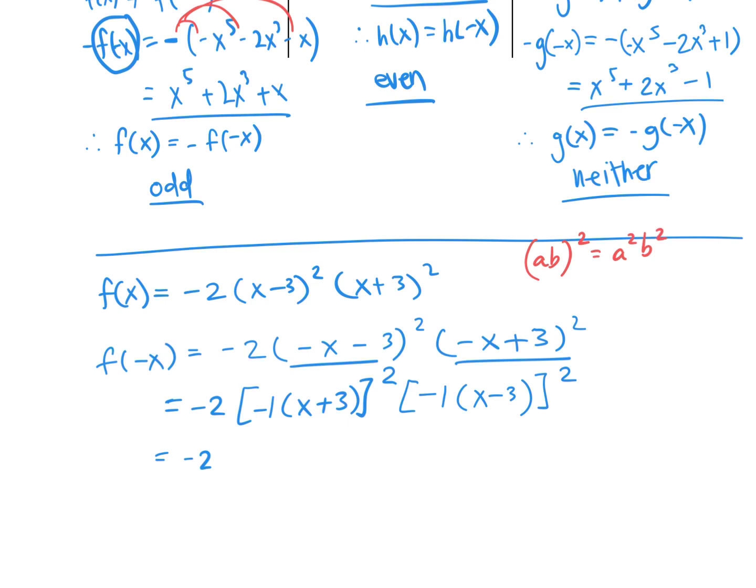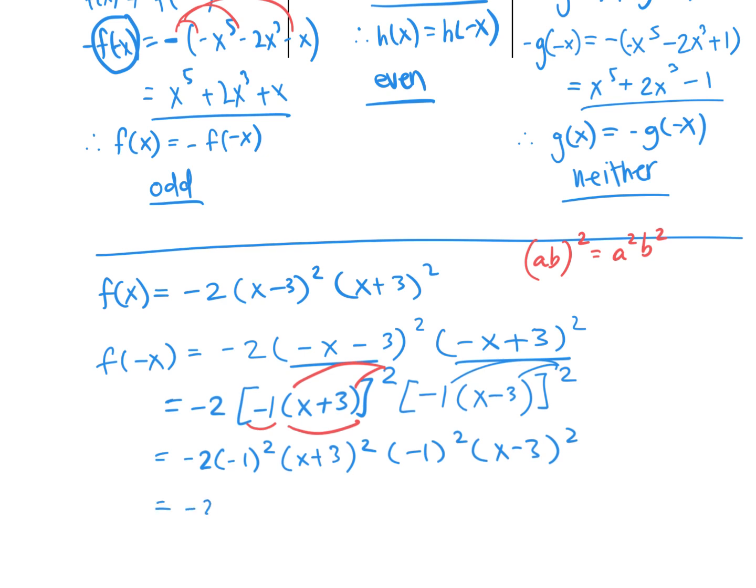Now, our two multiplied terms here are the negative 1 and the bracket. So we're going to distribute that in. So we would have negative 1 squared and x plus 3 squared. Negative 1 squared and x minus 3 squared when we distribute the other.